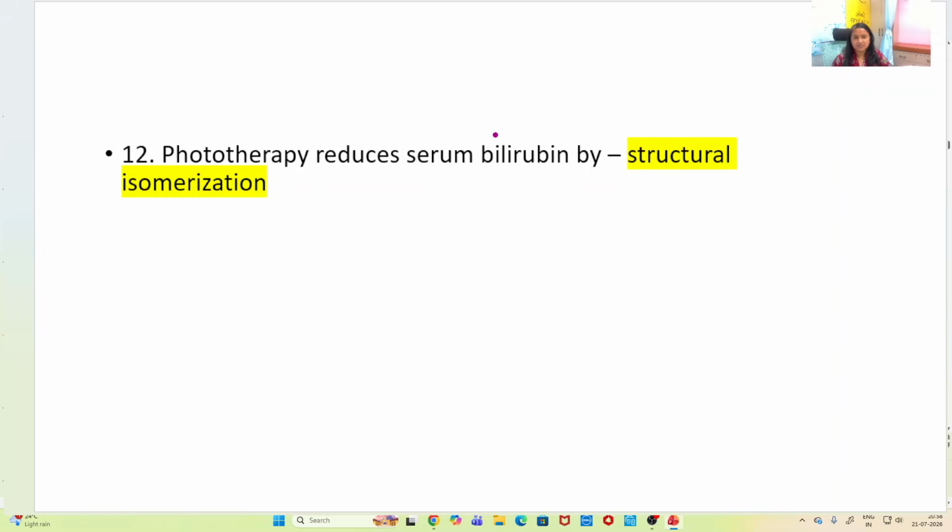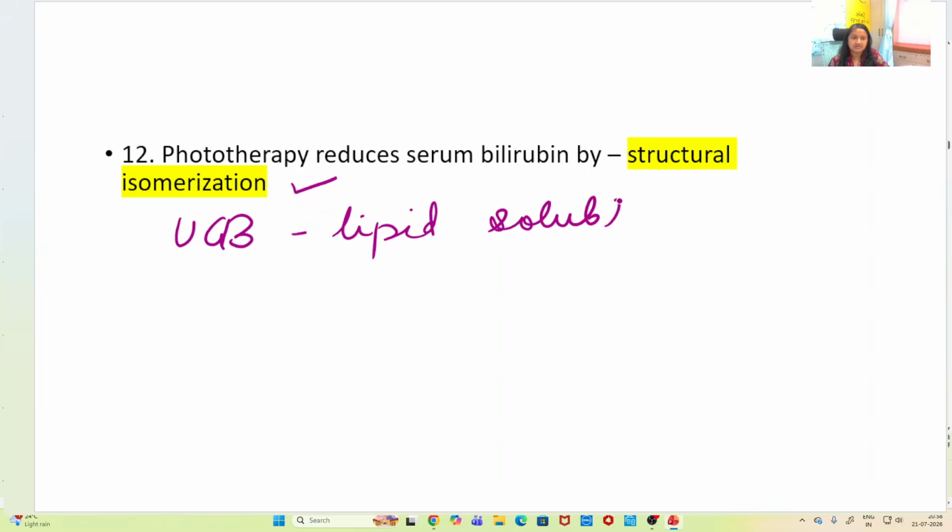Phototherapy reduces serum bilirubin by structural isomerization. Yes, that's the right answer. Now what does it do? We all know that unconjugated bilirubin is lipid soluble. Now if we want to excrete this in the urine, it has to become water soluble, and then it goes into the urine and gets excreted.